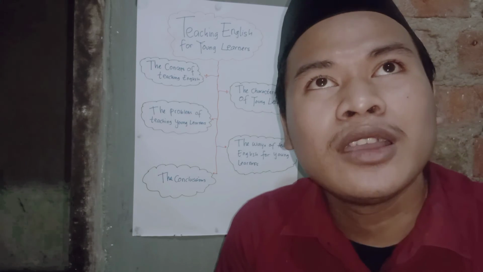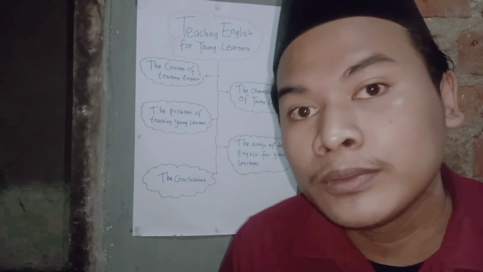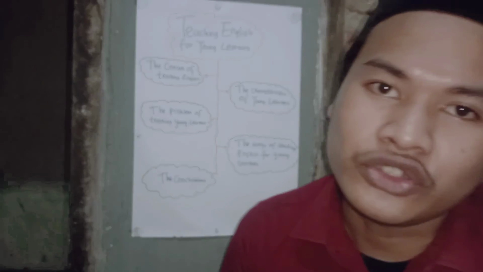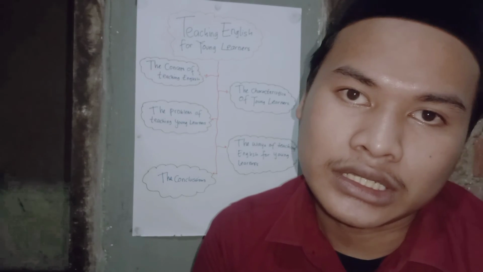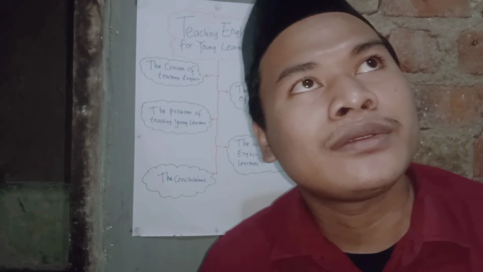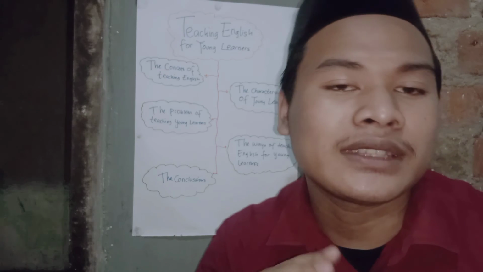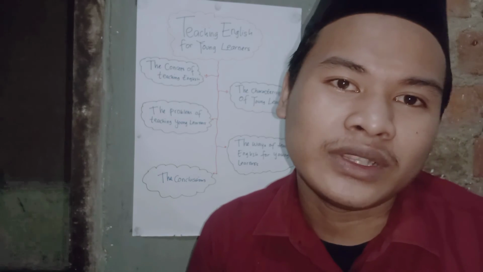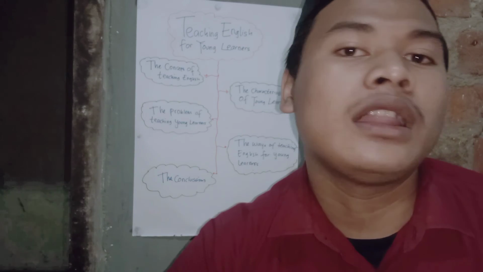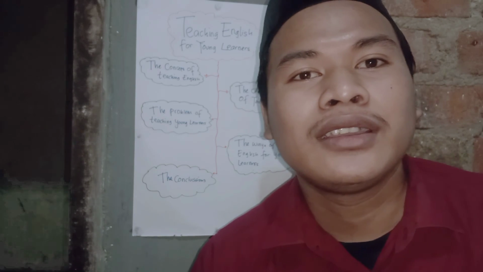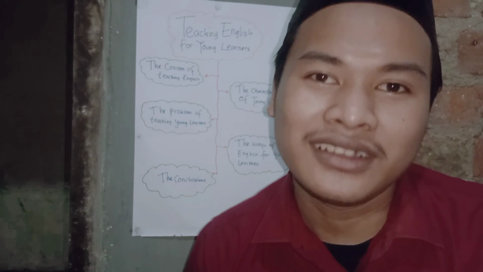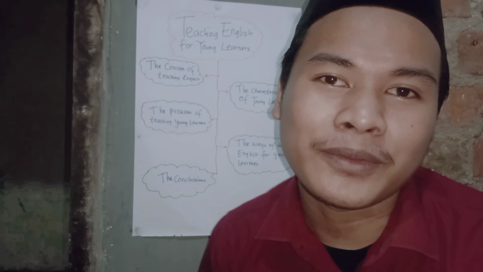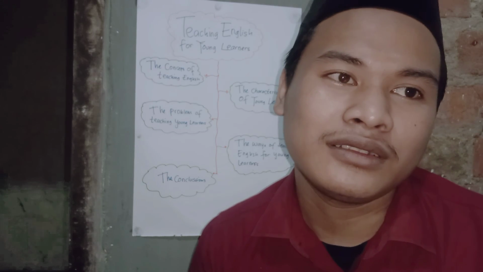We have to be more creative to think about the problems and the solutions or the ways we can teach English to young learners. We have to teach them step by step, so it will make them feel that English is fun. They will learn English seriously, and if they know that English is very important for their future, they will learn English from now.